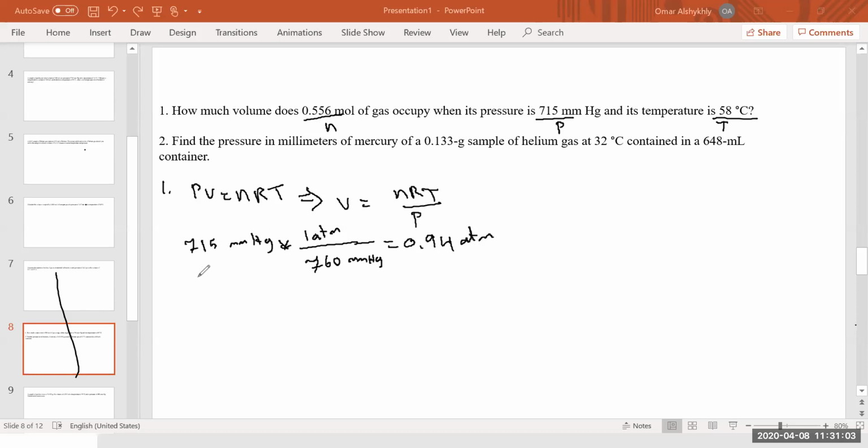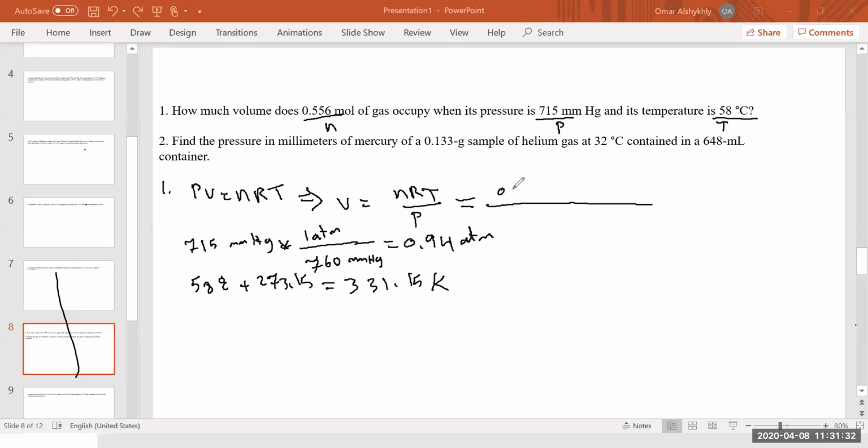For the temperature, 58 Celsius degree plus 273.15, so it will be 331.15 Kelvin.